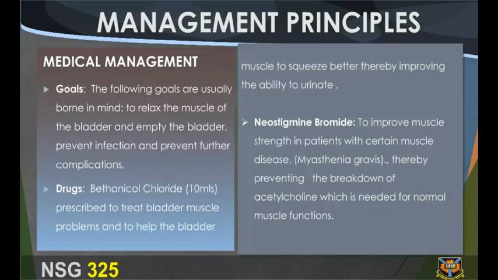Drugs: bethanechol chloride, prescribed to treat bladder muscle problems and to help the bladder muscle squeeze better, thereby improving the ability to urinate. Neostigmine bromide, to improve muscle strength in patients with certain muscle disease, myasthenia gravis, thereby preventing the breakdown of acetylcholine, which is needed for normal muscle function.